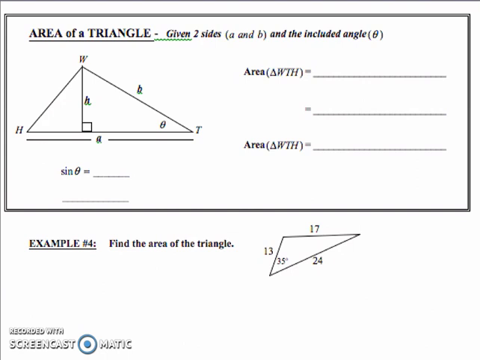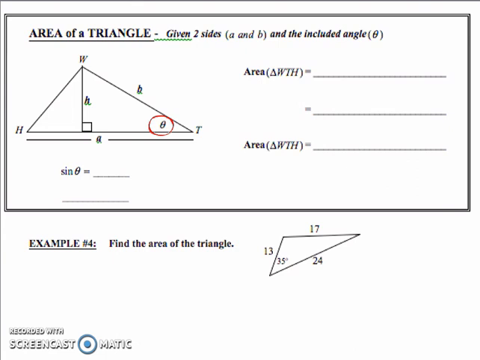Okay, the last thing that we're going to talk about today is a new formula, okay? Here's a triangle. We're given 2 sides. We're given a and b and the included angle theta right here. And it's important to note that theta is between the 2 given sides.